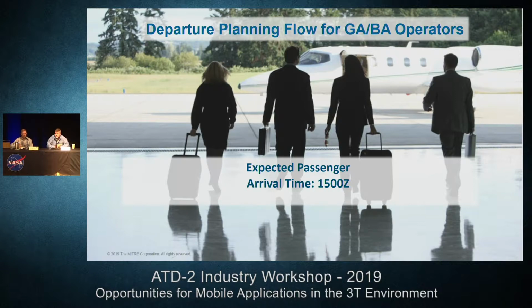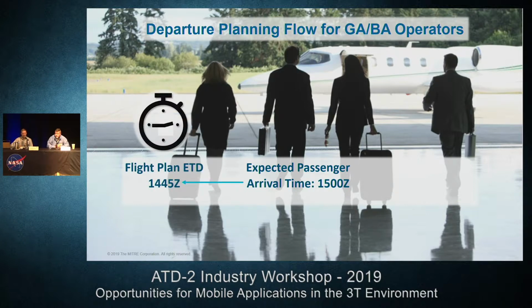So in this example, they would expect their passengers to show up around 1500. So they'll file their flight plan with an expected departure time of 14:45. They'll back that time up from when they really expect the passengers to arrive, just in case they show up early, but also because they want to make sure that they have a valid flight plan.